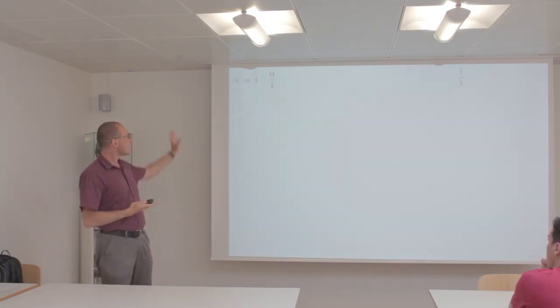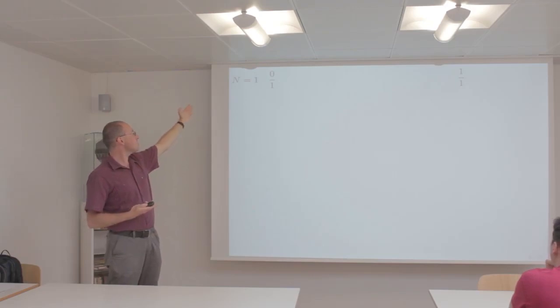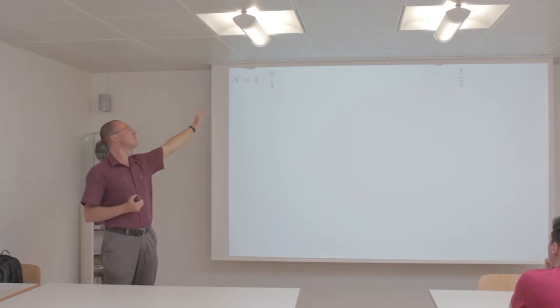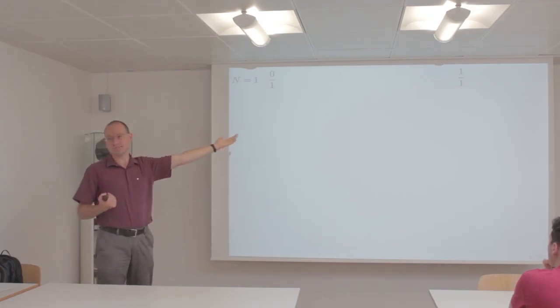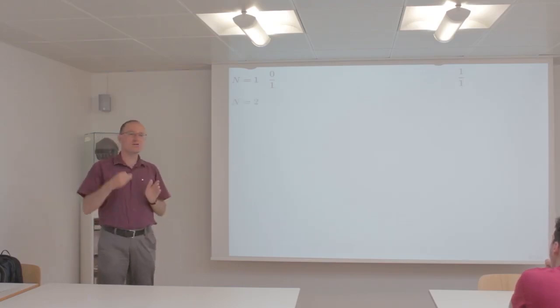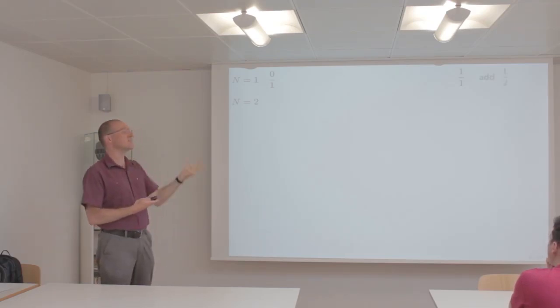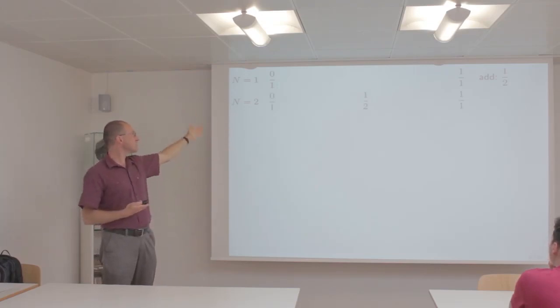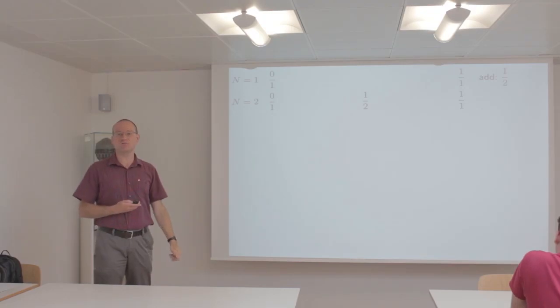Now, take the two fractions, 0 over 1, 1 over 1. These are the two fractions between 0 and 1 with denominator 1. Now, when capital N is 2, we are going to write down all fractions with denominator up to 2. So I have to add 1/2 between the two fractions already written down. We have 0 over 1, 1/2, and 1 over 1.